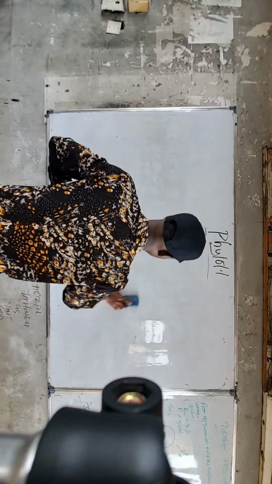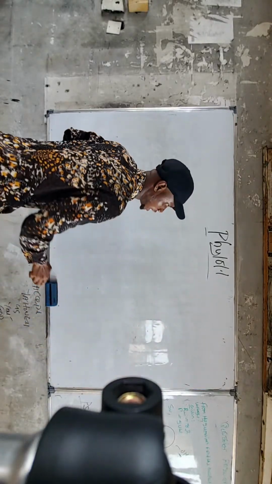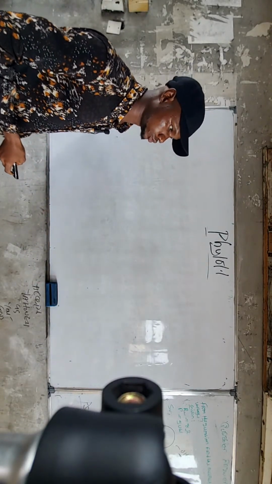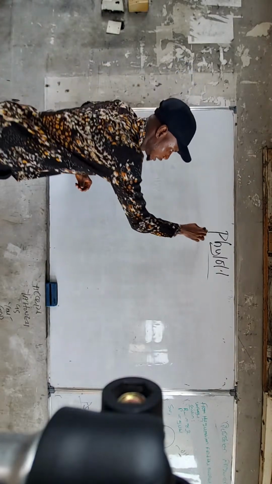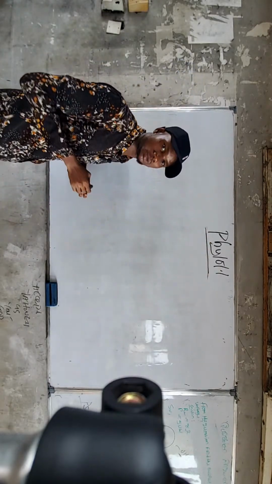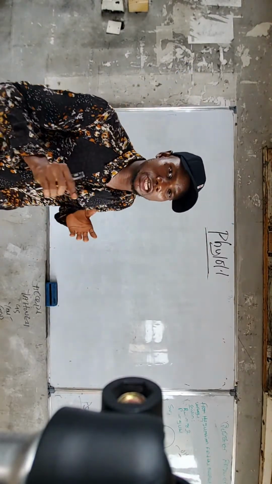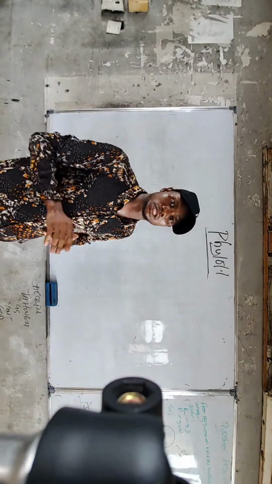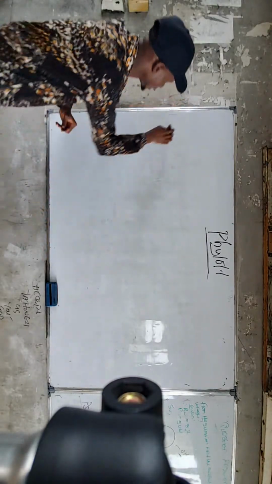Now remember, when I'm comparing linear motion and rotational motion, I'm also comparing circular motion. Just that the difference between rotational motion and circular motion is that in rotational motion, there's a fixed point, while in circular motion, there's no fixed point. Please take note.